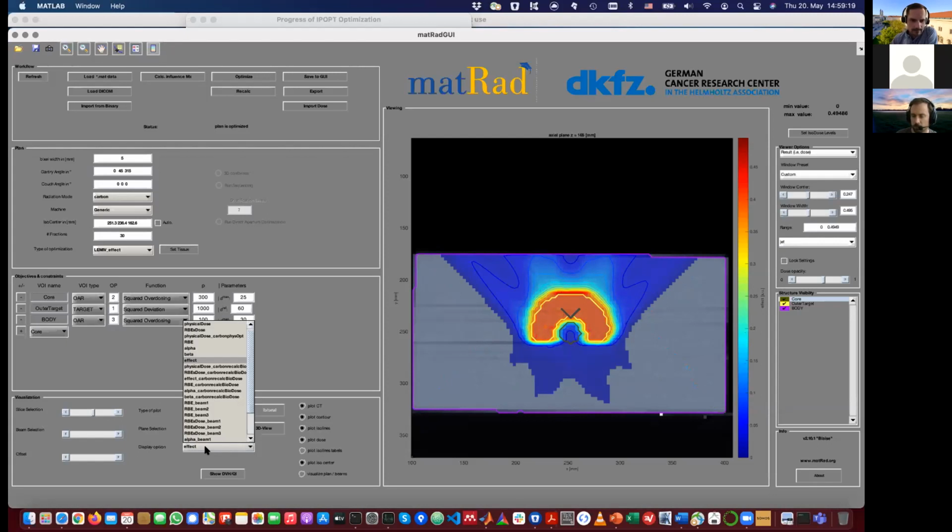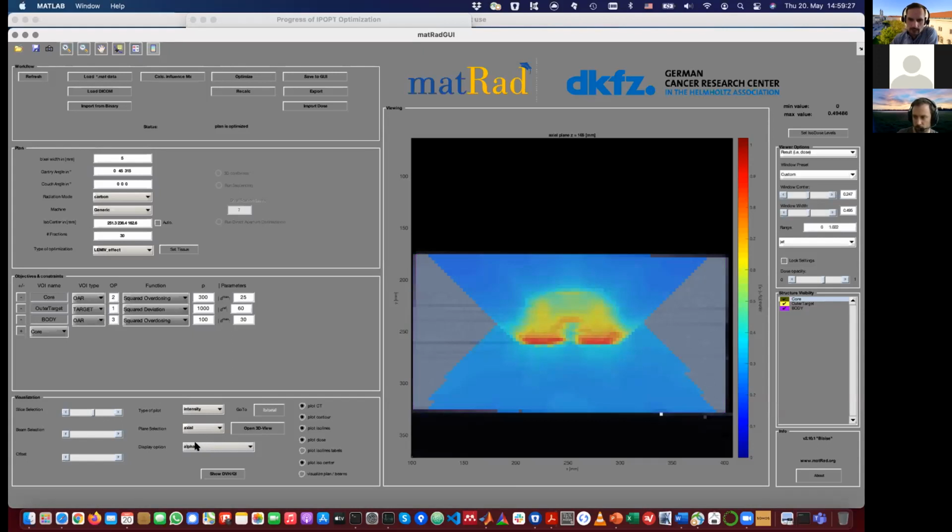And here we can even look at the 2 components of our linear quadratic model. So here we have also an alpha distribution that we can investigate. And we see that it increases also towards the distal edge, and also there is the beta distribution, which looks like this.